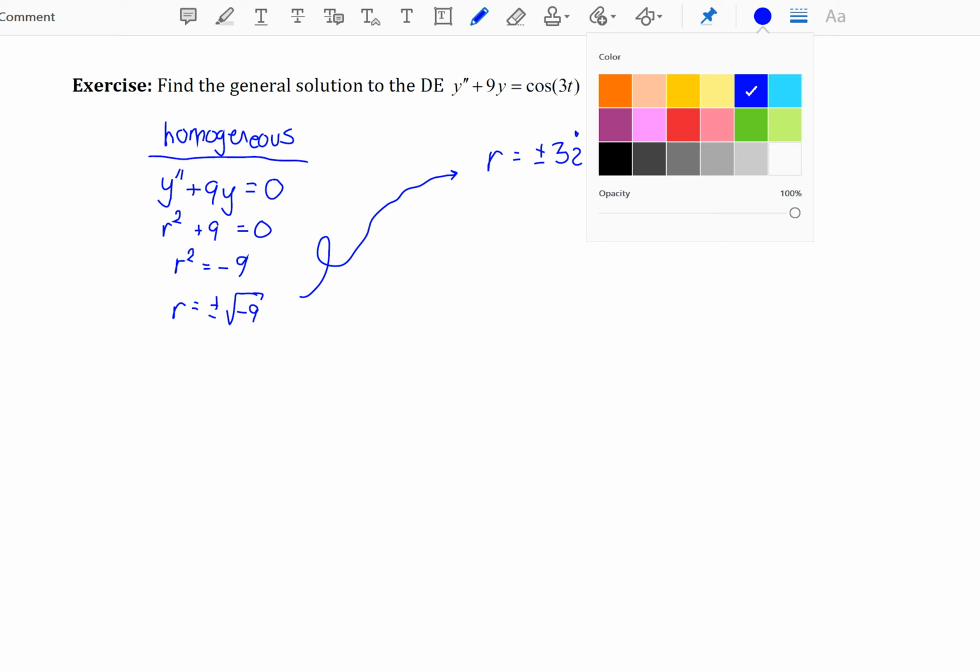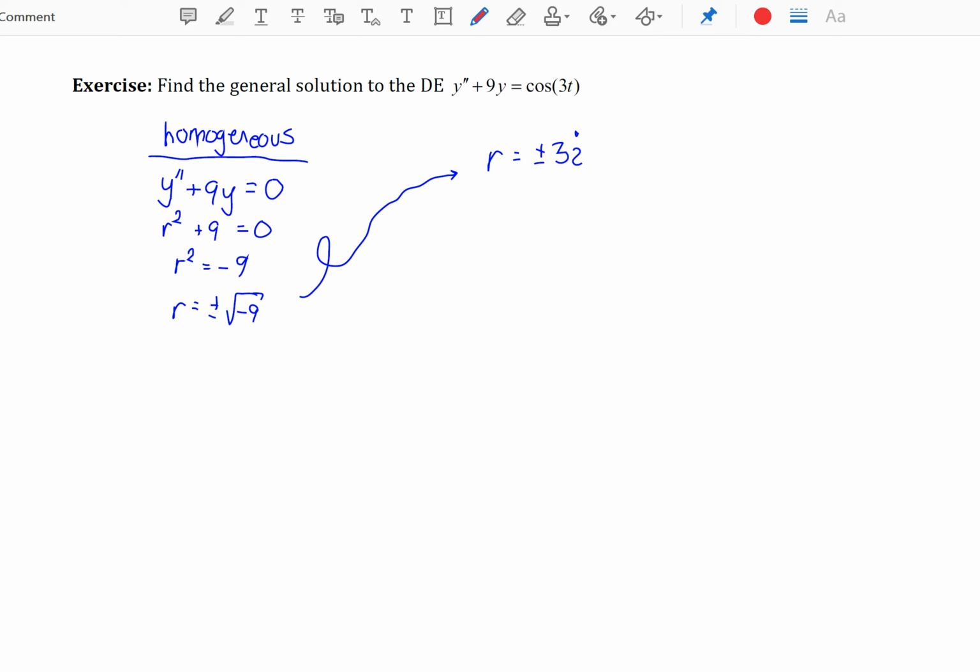Now remember, when looking at complex numbers, we're always going to use the positive root. And we need to know what our alpha and our beta terms were.